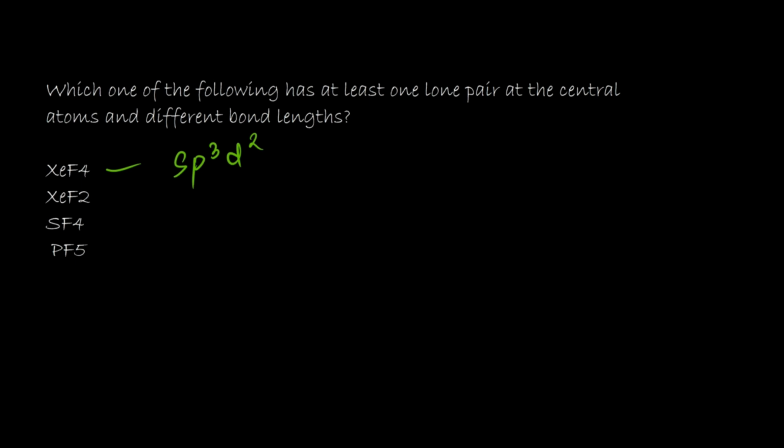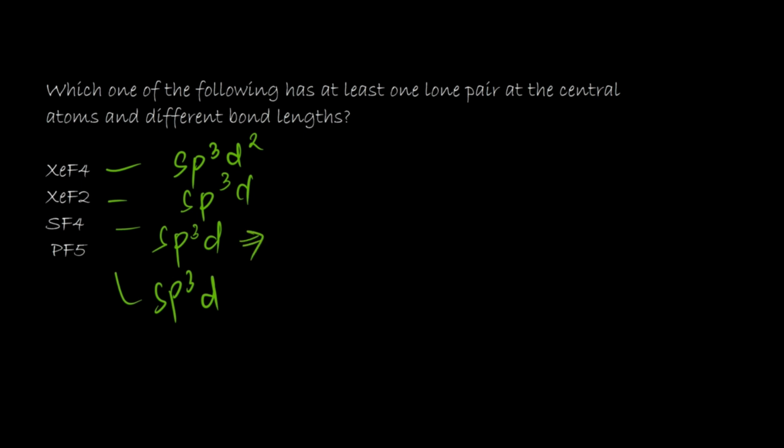What about XeF2? XeF2 will have 2 bond pairs and the remaining are lone pairs, so the hybridization becomes sp3d. And what about SF4? SF4 once again is sp3d. PF5 is also sp3d. They are asking for at least one lone pair at the central atom.